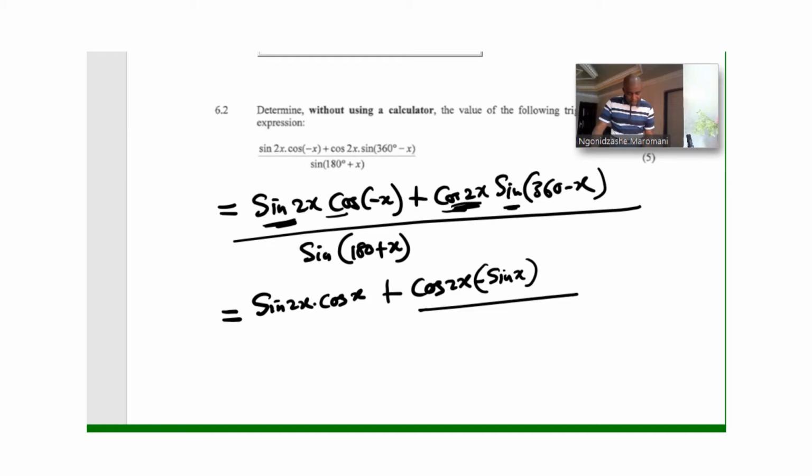Everything divided by sine of 180 plus x. 180 plus x is in quadrant number 3, and sine is negative there, so the answer becomes minus sine x.